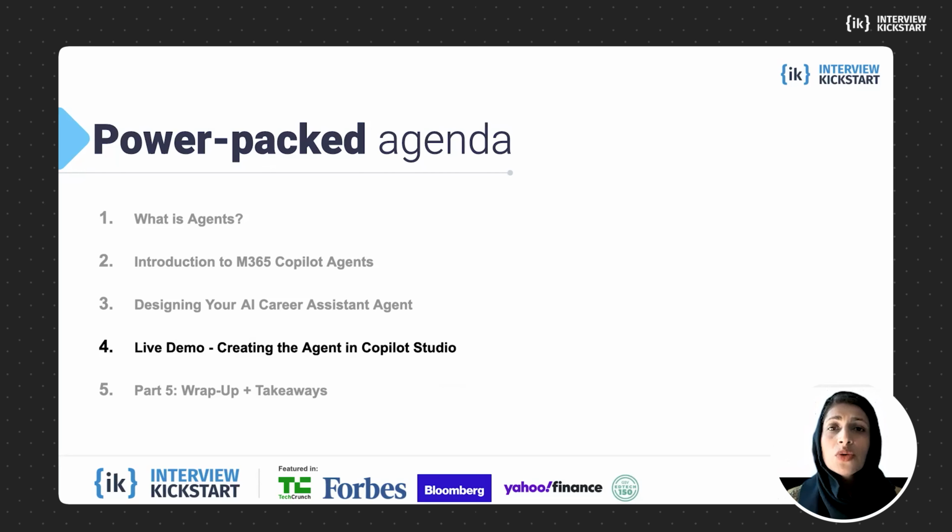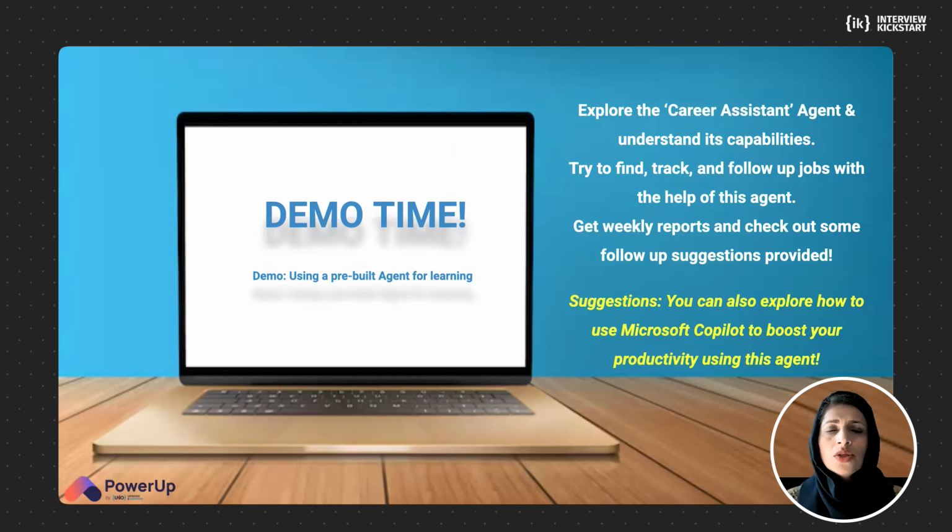Now we are going into the fourth section of today's session. So now it's our demo time. Let's explore the career assistant agent and see its capabilities in action. We know the scenario where we wanted to build a career assistant agent using M365 Copilot so it can find, track, and follow up on our jobs and assist us.